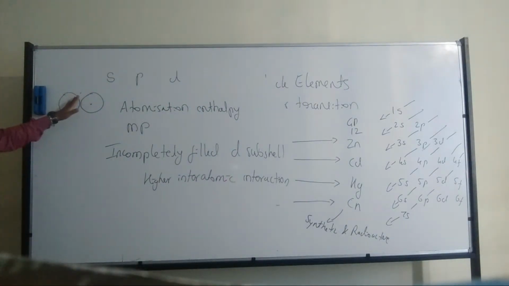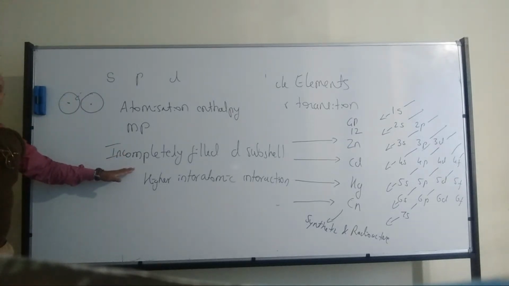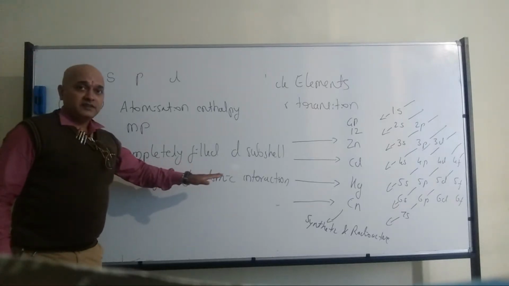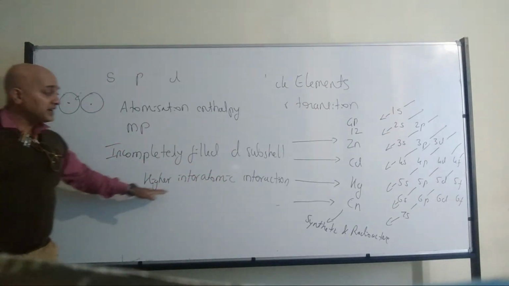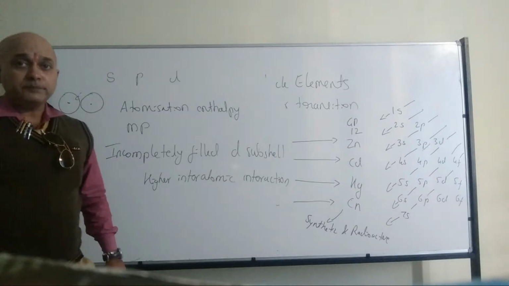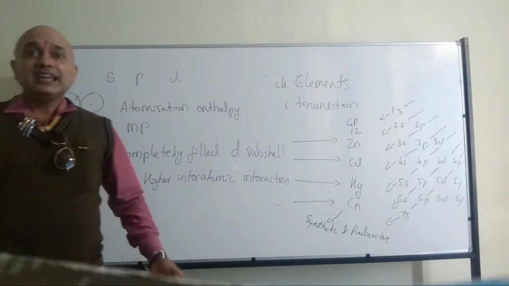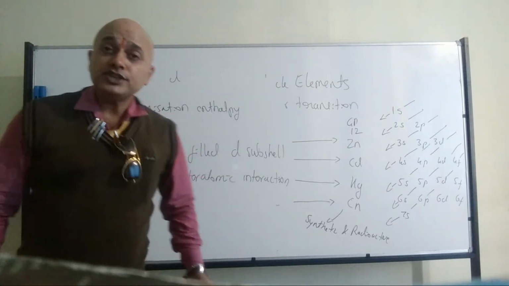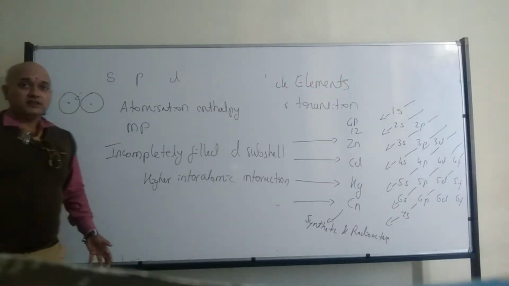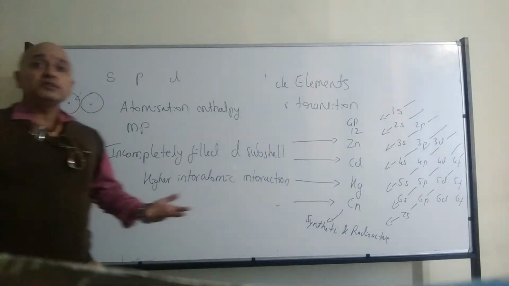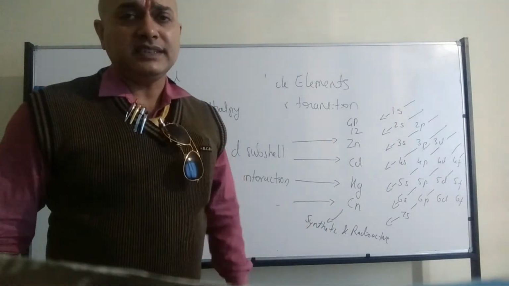Due to the presence of metallic bond and higher interatomic interaction, transition elements have a higher melting point and higher atomization enthalpy. Right? Due to the presence of metallic bond, they can also be good conductors of electricity.